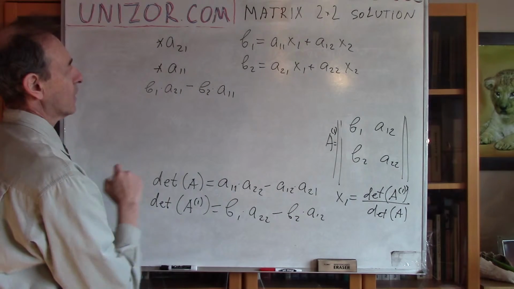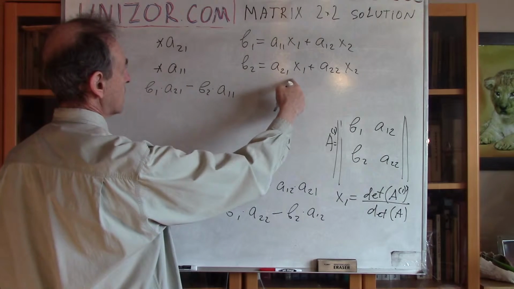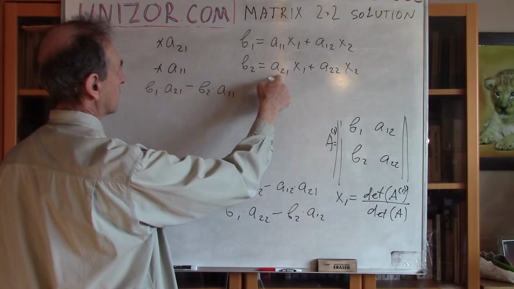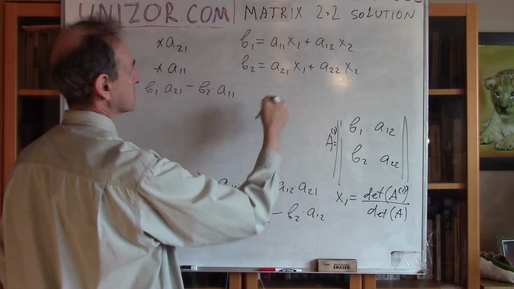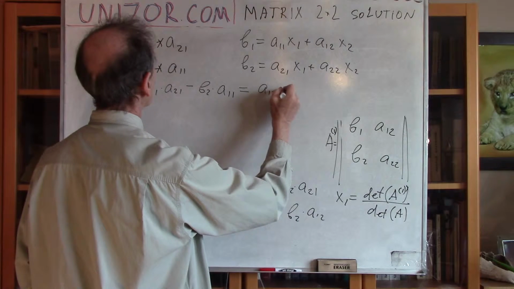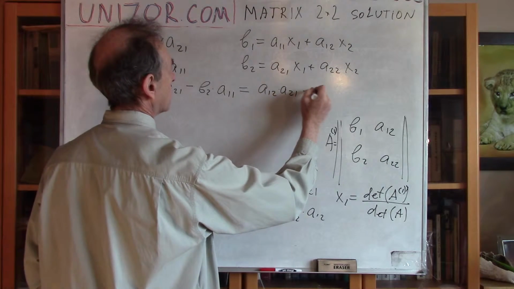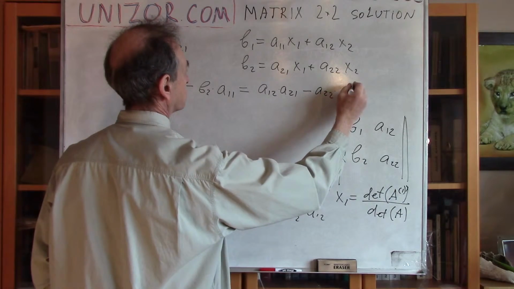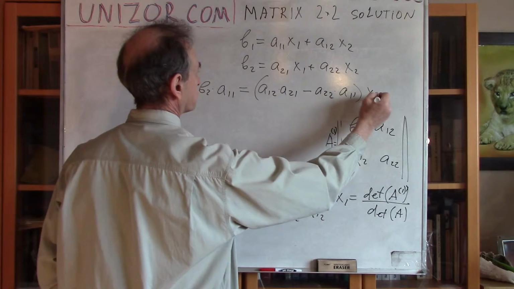That's on the left. On the right, again, x1 will cancel out, right? Because a11, a21, and a21, a11. It was a minus sign. Okay, so with the plus, I will have a12 a21 minus a22 a11, times x2.